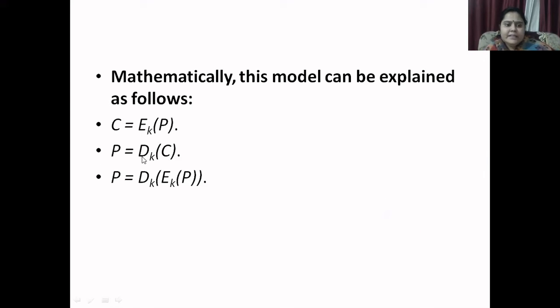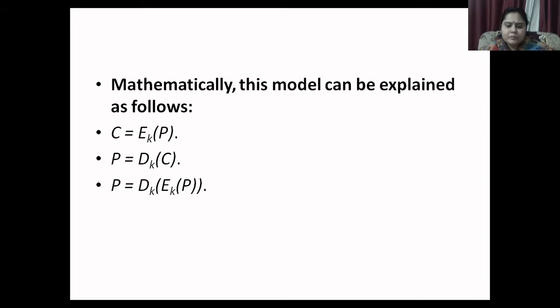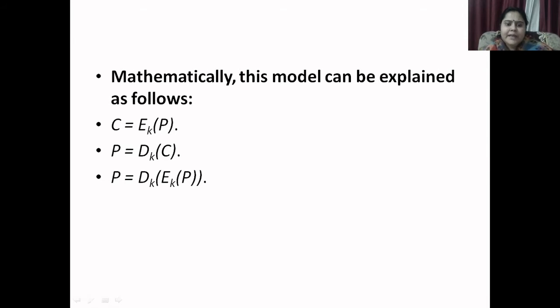The plain text P is encrypted by algorithm E with the key K to ciphertext C. The key K is kept secret, that is C equals E_K(P). Next, the decryption algorithm is used to translate the ciphertext to plain text using the same key K, that is P equals D_K(C).